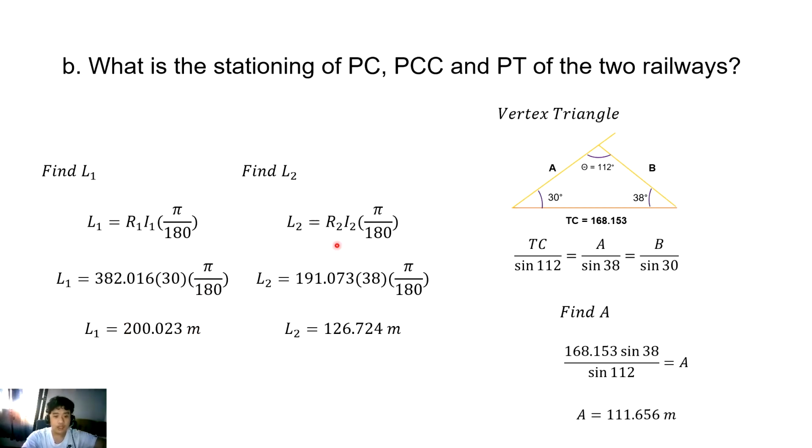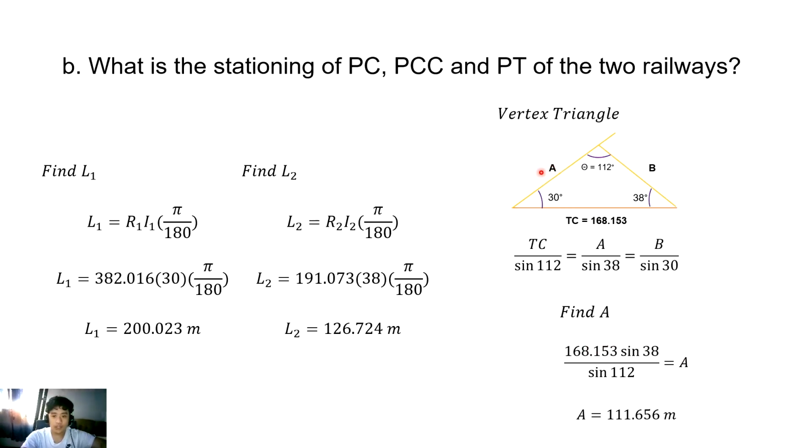Then, para naman sa L2, we're going to use R2 times I2 times pi over 180. And we'll get 191.073 times 38 degrees since I2 yan. Times pi over 180. And we'll get 126.724 meters.